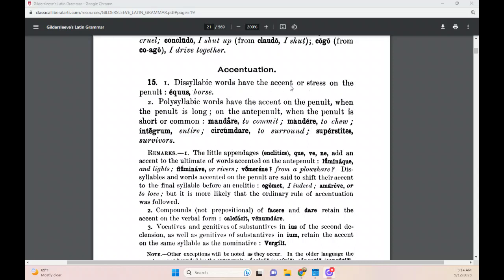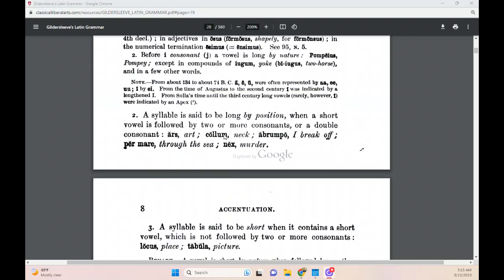Disyllabic words have the accent on the penult. So you see how we use the name of the syllable in the rule. Polysyllabic words have the accent on the penult when the penult is long, and on the antepenult when the penult is short. That's what I was referring to when I said we need to learn these names for the syllables, because we use them in the rules for accent marks. And that comes in Article 15. We'll get there in a couple lessons.